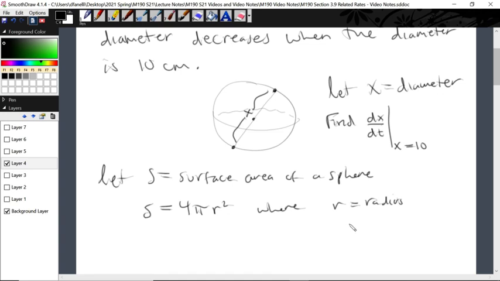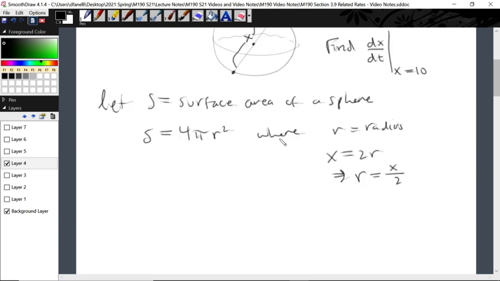Now x is equal to the diameter, and the diameter is 2 times the radius, so r is equal to half of x. So we can write S as a function of x now. S is equal to 4 pi times x over 2, that quantity squared. That even simplifies a bit: we square x over 2 to get x squared over 4, cancel the 4's, so S is equal to pi x squared.